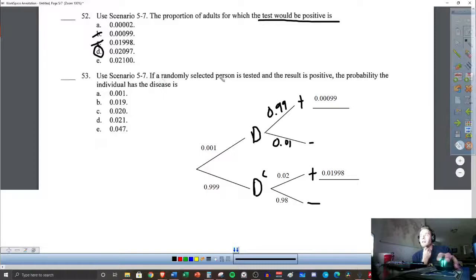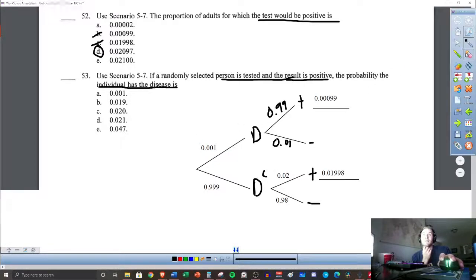All right, next, if a randomly selected person is tested and the test result is positive, the probability the individual has the disease is, okay, so what we have here is a conditional probability. And hopefully you can see that, as I read it, it says if a person tested positive, so that's telling us we already know the test result. So we're going to use our formula.